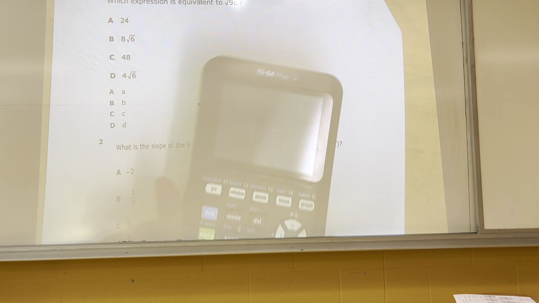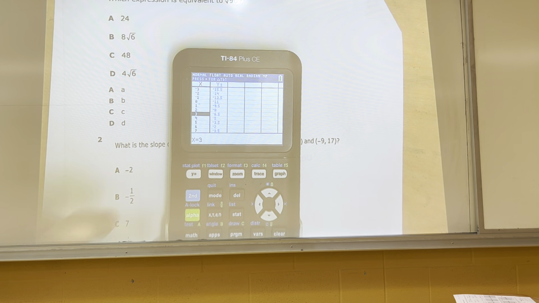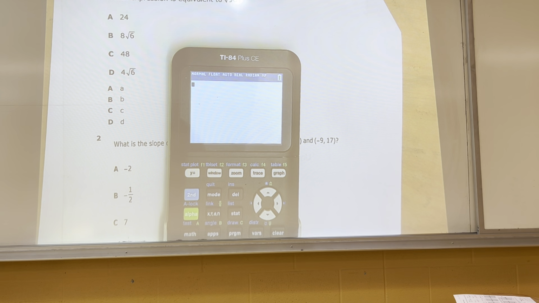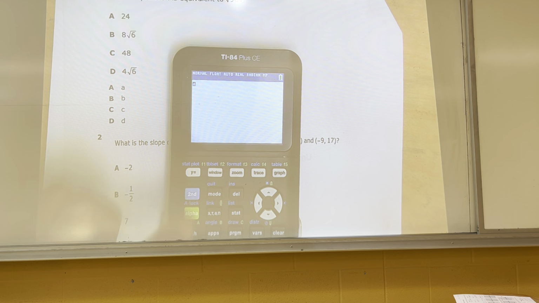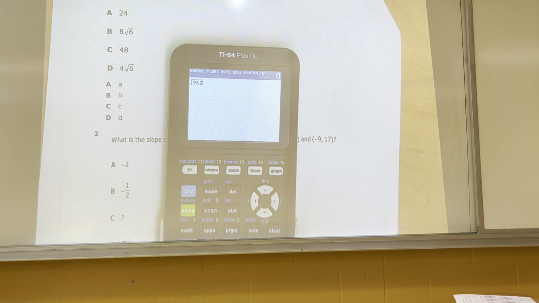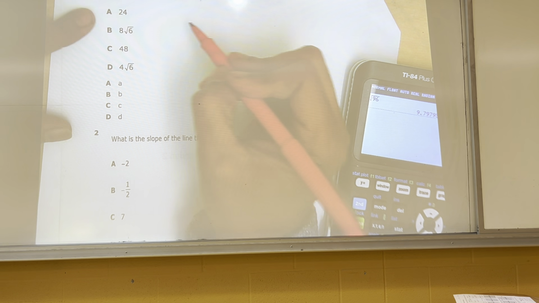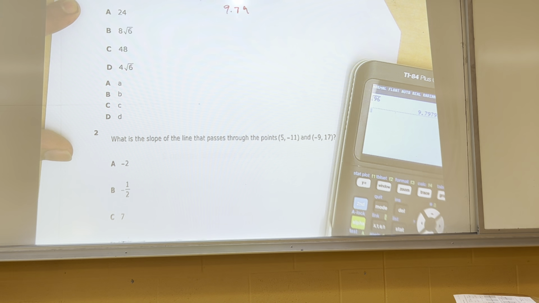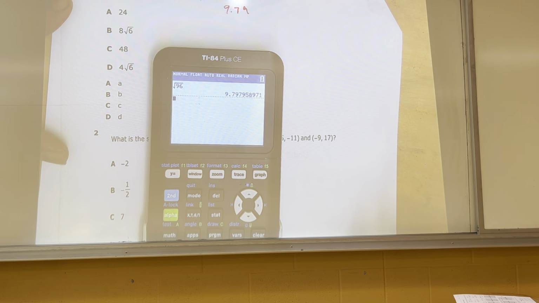Well, this one, we have a calculator to use, so let's set this. And we just got to remember the square root of 96. This is 9.79. And what looks like 9.79 to me?